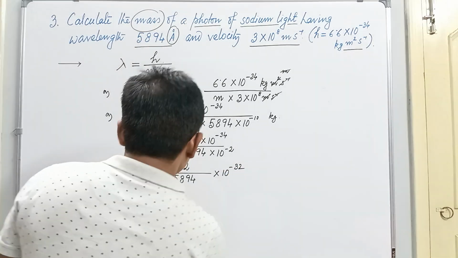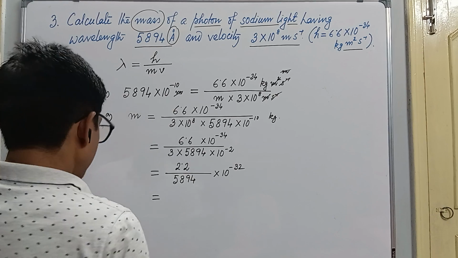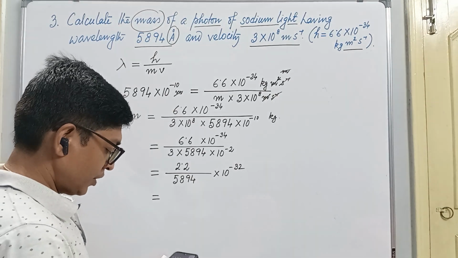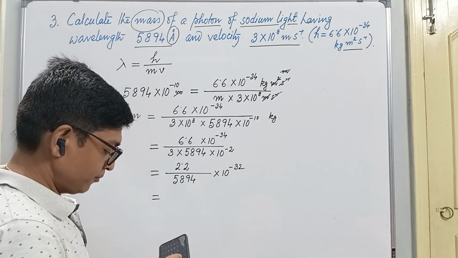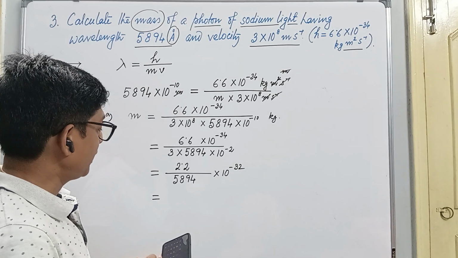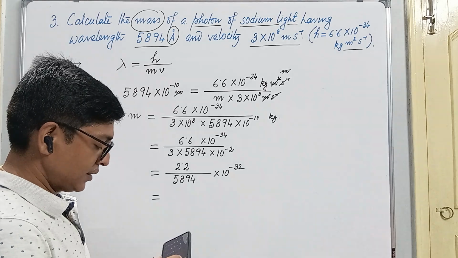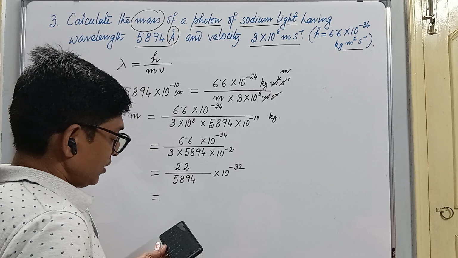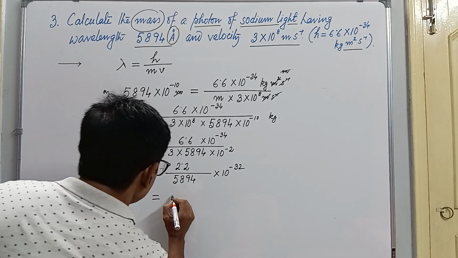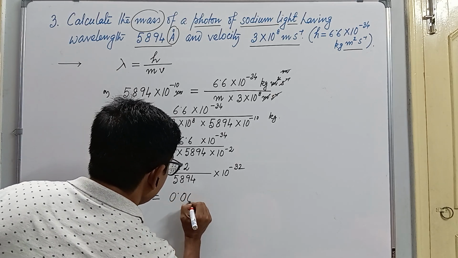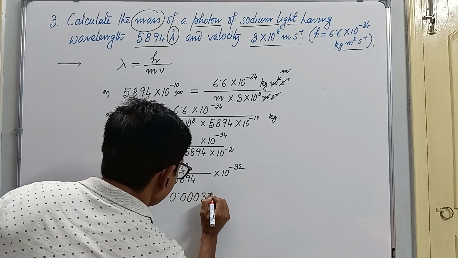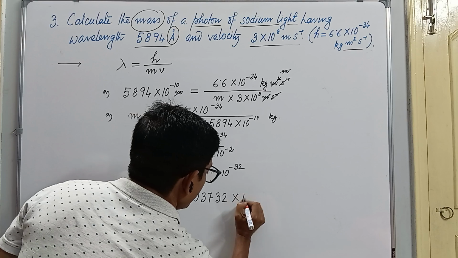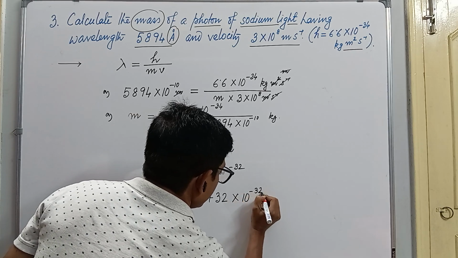Now if I divide it, let's see how much the value is coming. So here 2.2 divided by 5894, that is 0.0003732 into 10 to the power minus 32 kg.